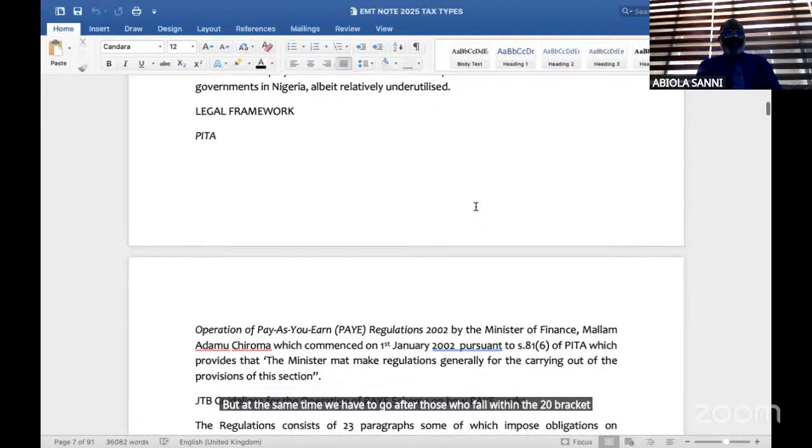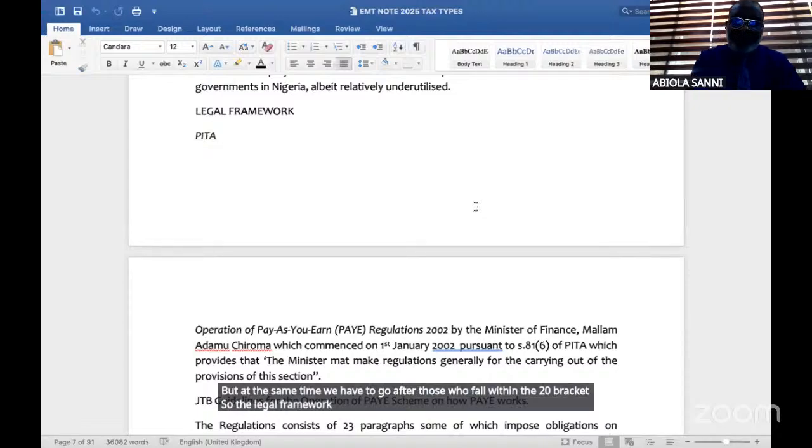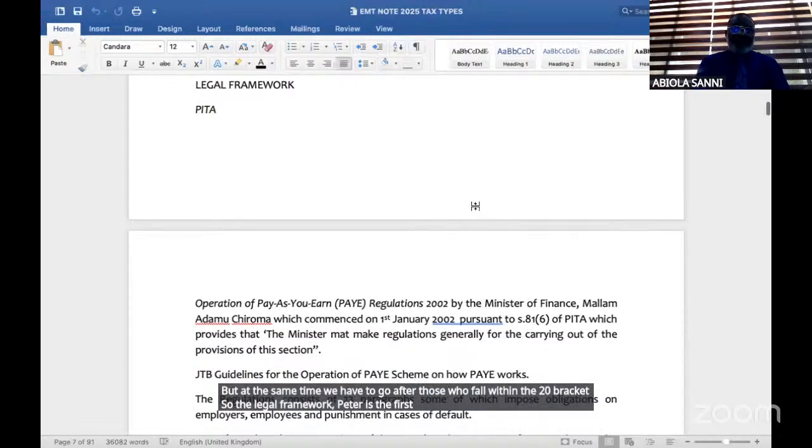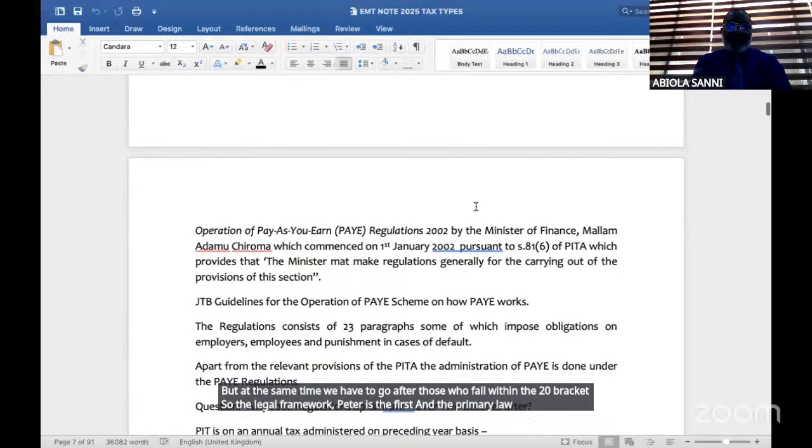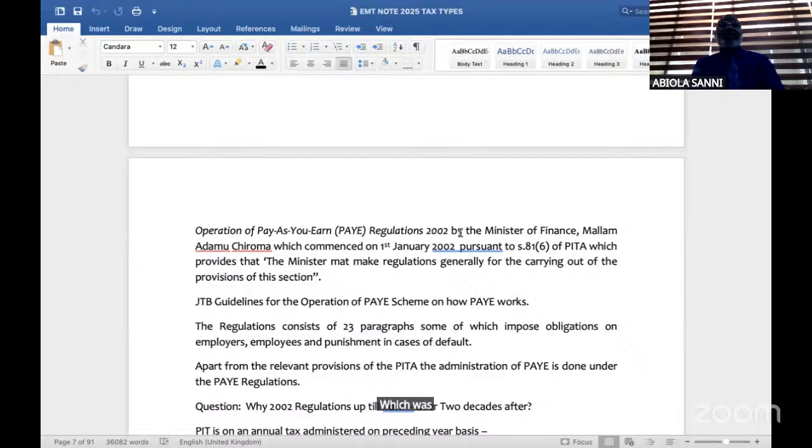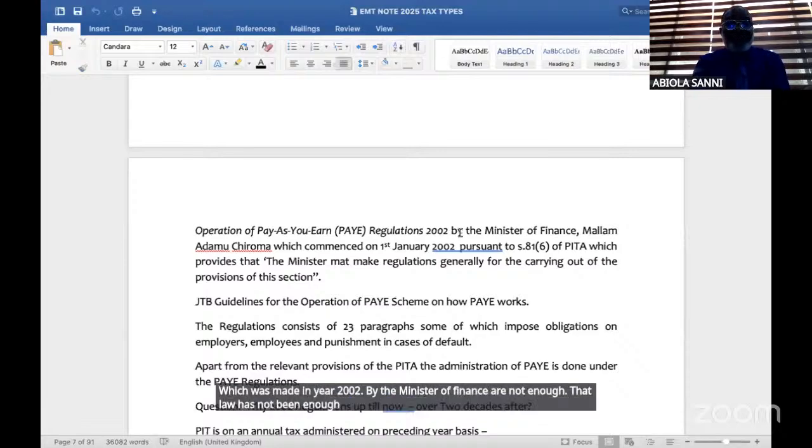So the legal framework is PETA, the first and primary law, followed by the Operation Pay As You Earn regulations, which were made in 2002. By who? By the Minister of Finance. And up till now, that law has not been reviewed.